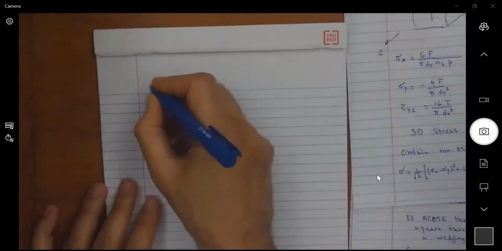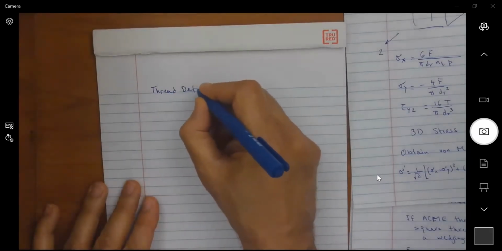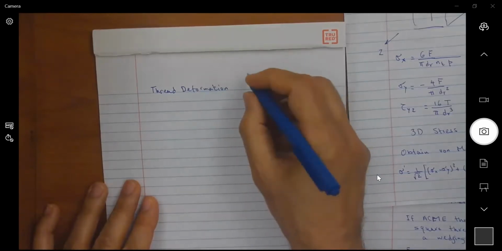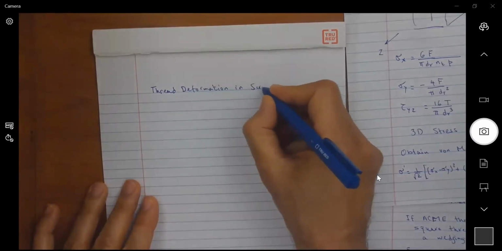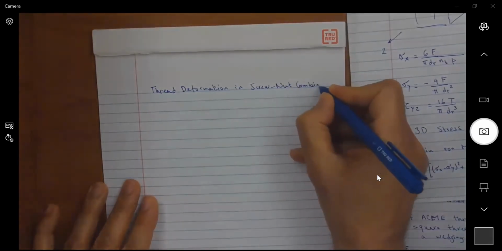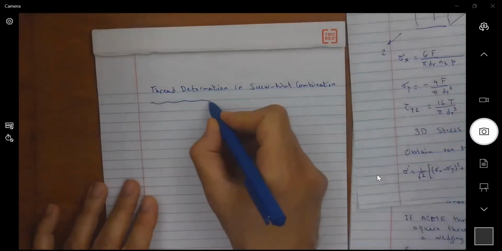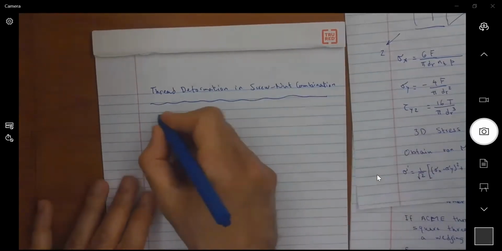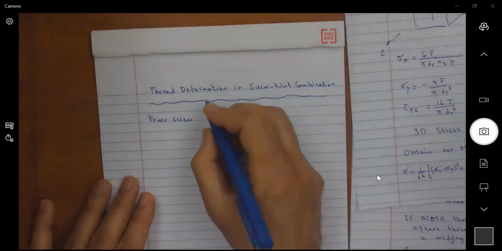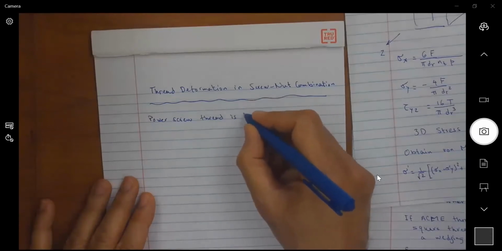And if we look at the thread deformation in a screw-nut combination, we will find that the power screw thread is in compression.